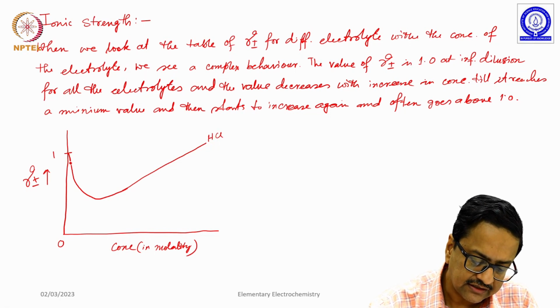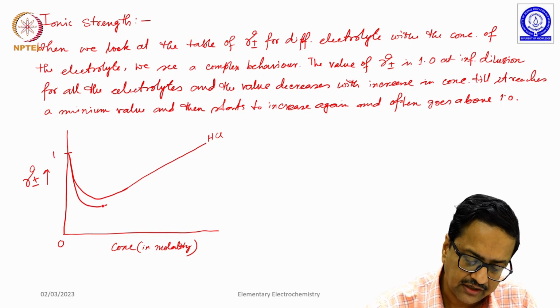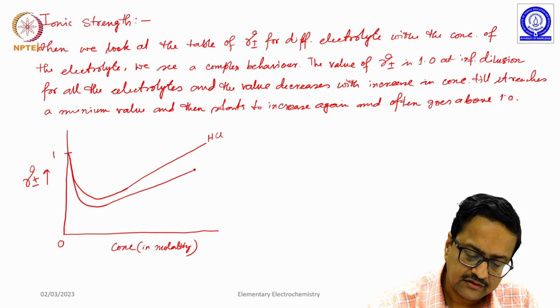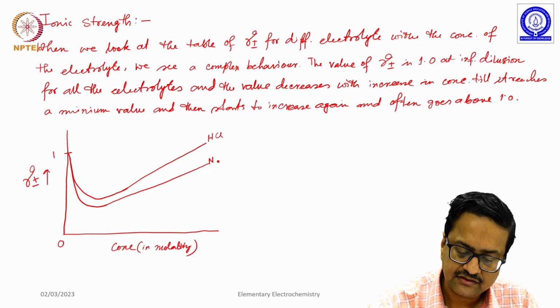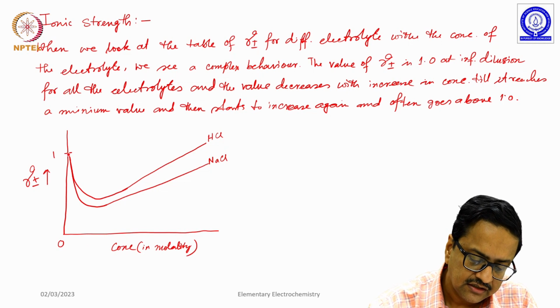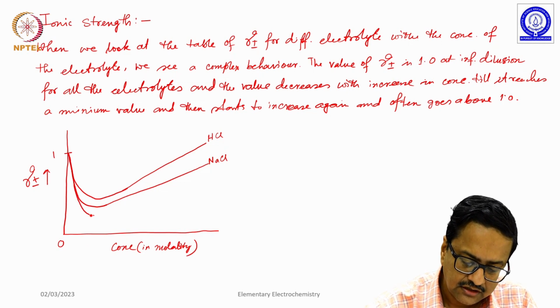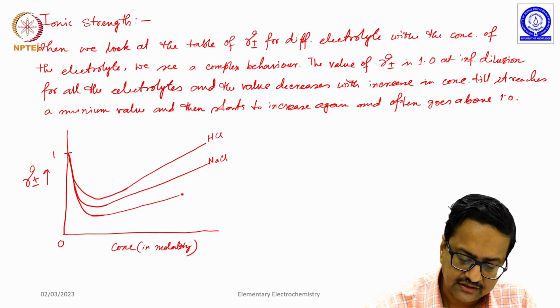For NaCl, it follows nearly the same as HCl to a certain value, and then it deviates from HCl. A similar trend is observed for KCl, but then at some point it again deviates from NaCl as well.